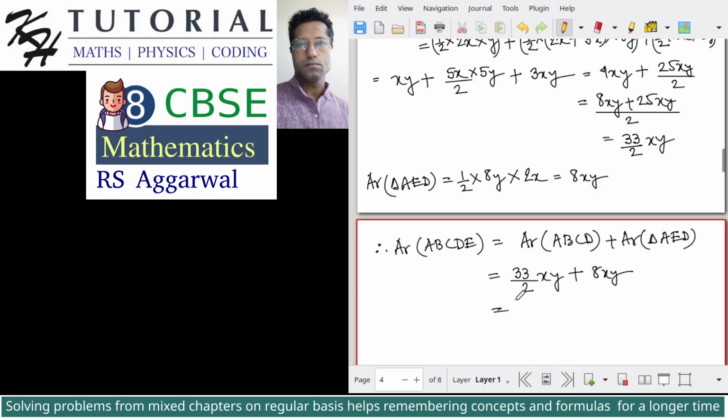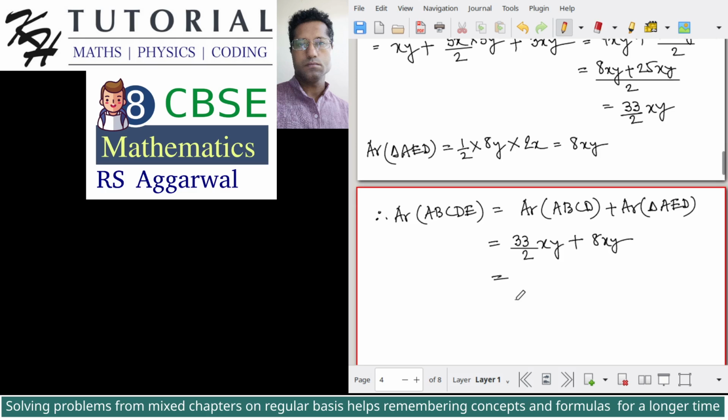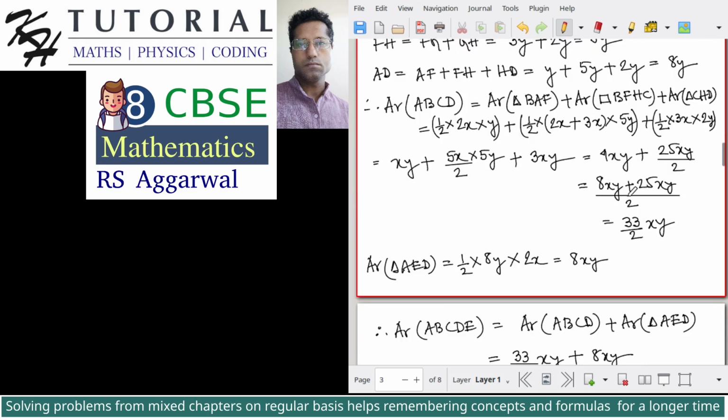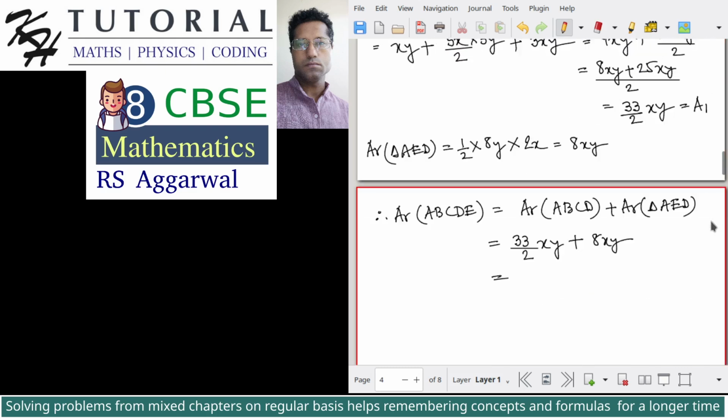If we simplify this, if A1 is the area of ABCD, so 33 by 2 xy is A1, and the area of the whole pentagon ABCDE, if we simplify this, is 33xy plus 16xy divided by 2, which is 49.